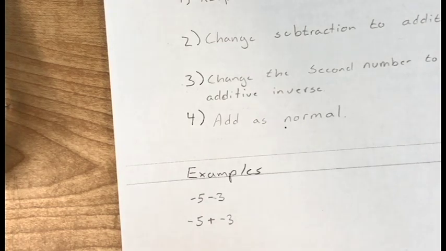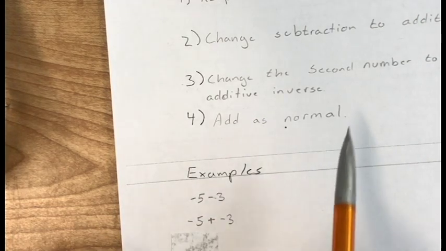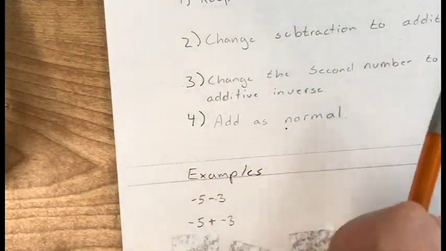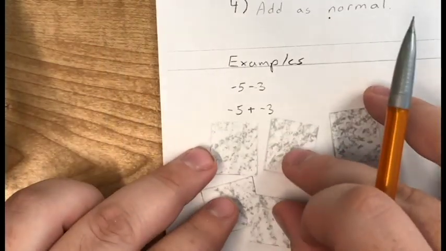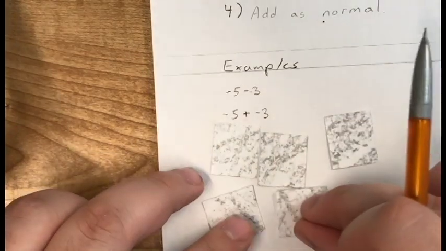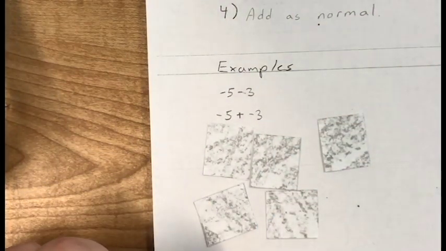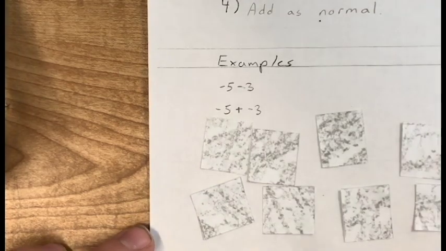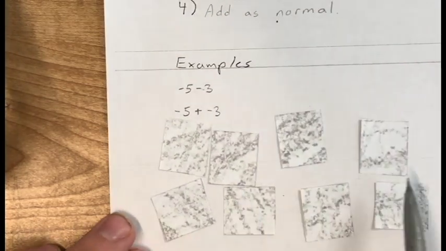Well, we could do that pretty easily with our chips. I can go -5: -1, -2, -3, -4, -5 right here. And then I'm going to add 3 more negatives: 1, 2, 3. So what that gives me is -8.